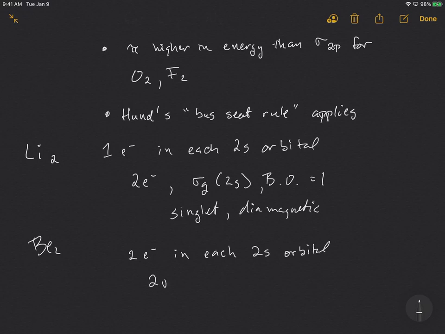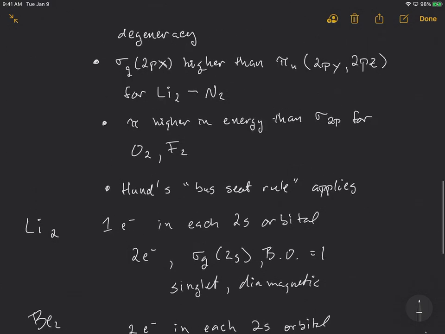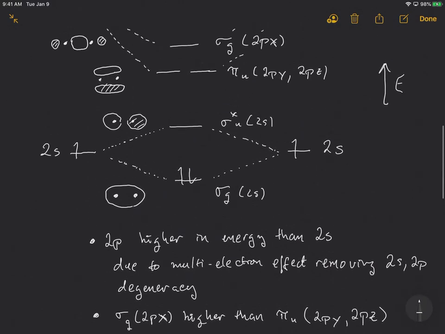So there are going to be 2 electrons in sigma g and 2 electrons in sigma star u. So it's going to look like this.